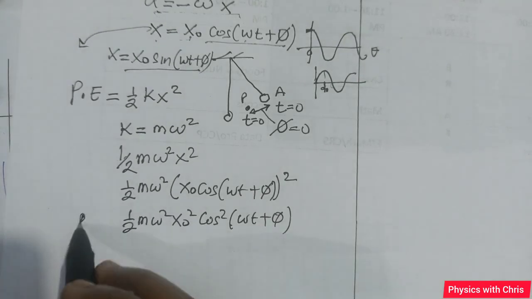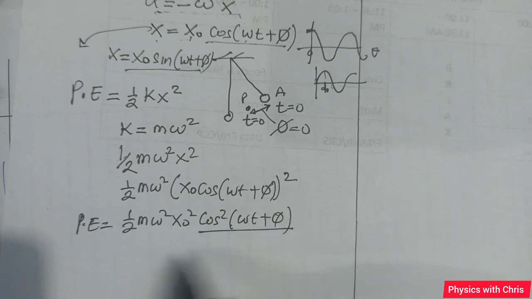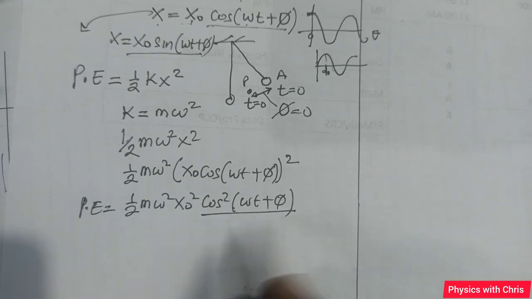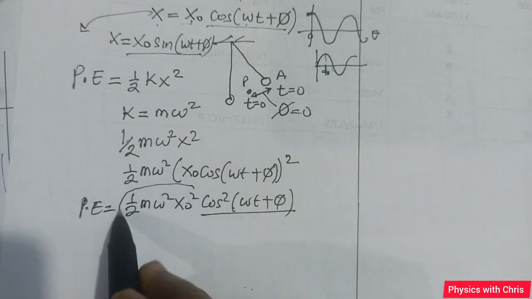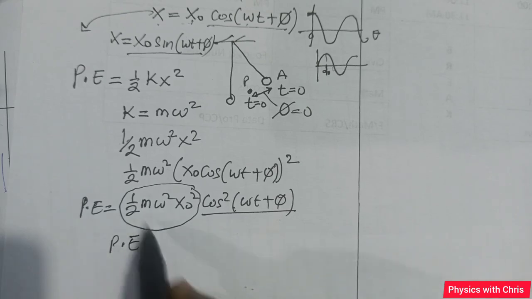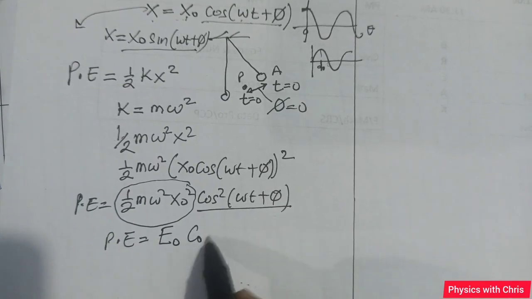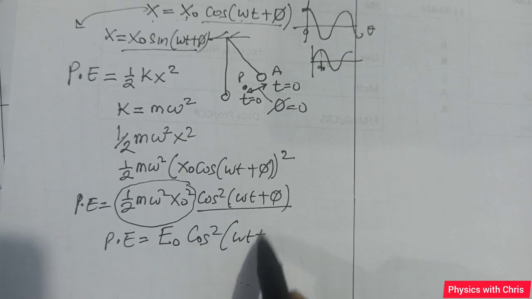That shows clearly that the potential energy of this body varies as the square of the cosine of the phase angle. This expression represents the total energy of a mechanical system, so I can replace it with E naught: E naught cos squared of omega t plus phi.